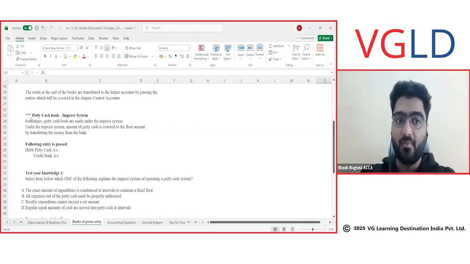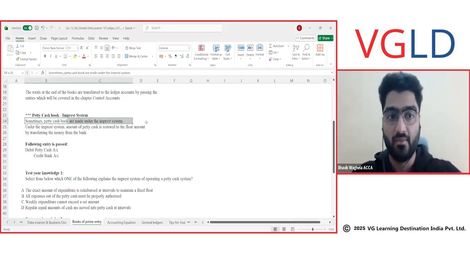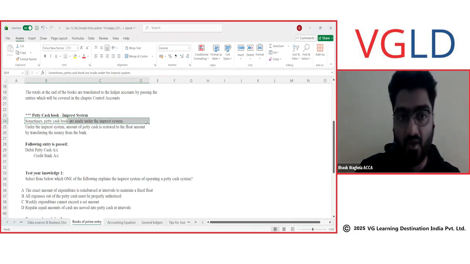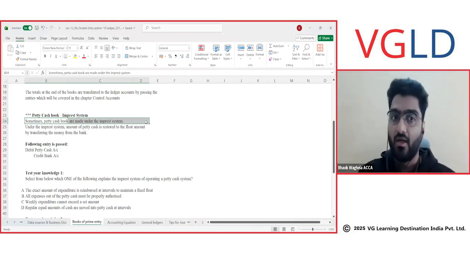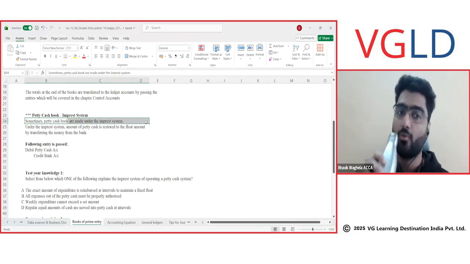The expenses for the month were 28,000. Now I will reimburse only 28,000 to Manya. This is what I mean by petty cash maintained under the float system, that is the imprest system. Under the imprest system, the amount of petty cash is restored to the float amount by transferring the money from the bank.